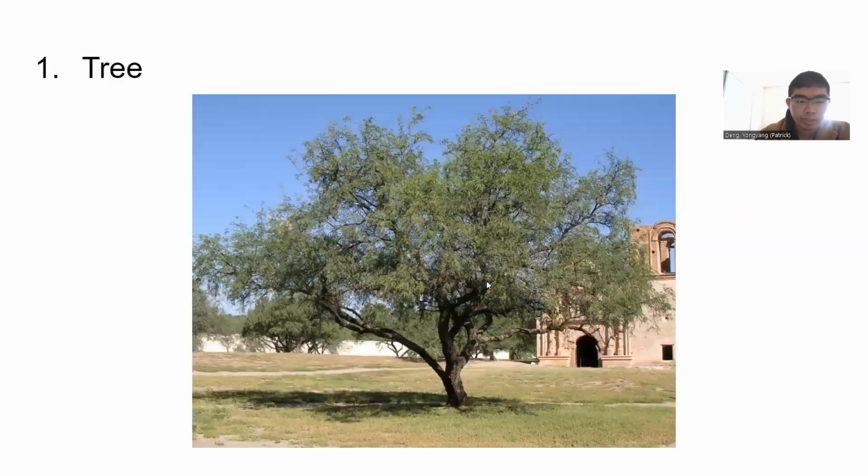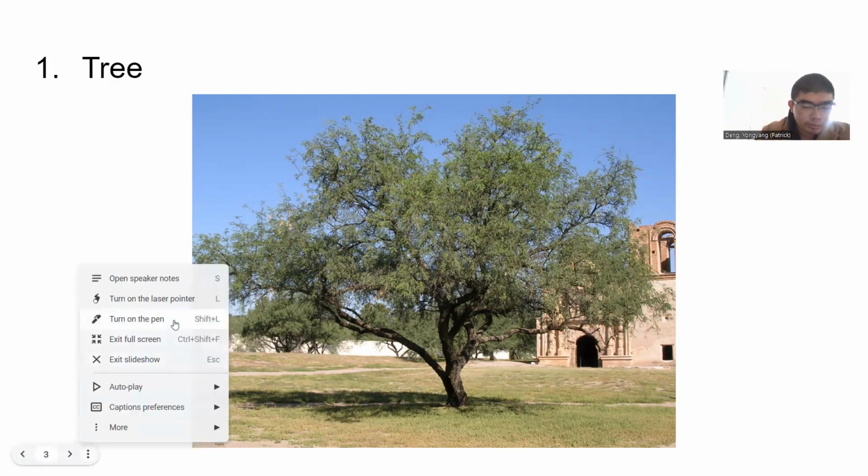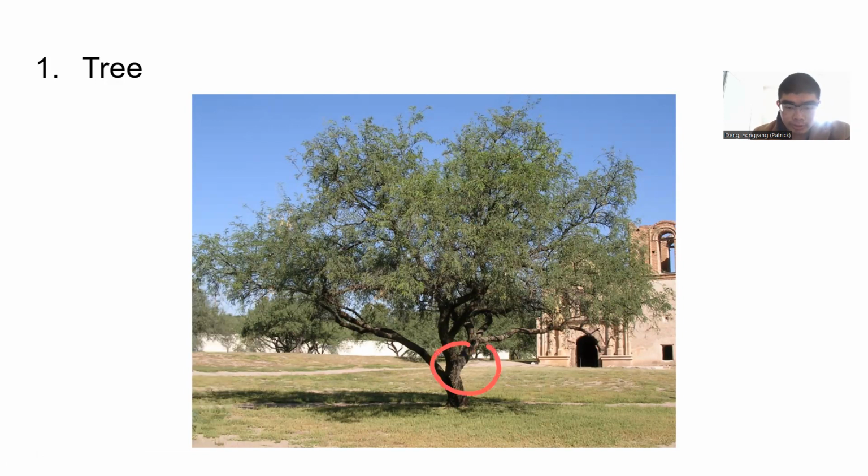First one is tree. So this is a tree. In nature, a tree has a root, starting at the base point, and then you have a lot of branches, and each branch also has a lot of sub-branches. It goes on like that until you get to the end of the branch, the end of the stick, which is a leaf.